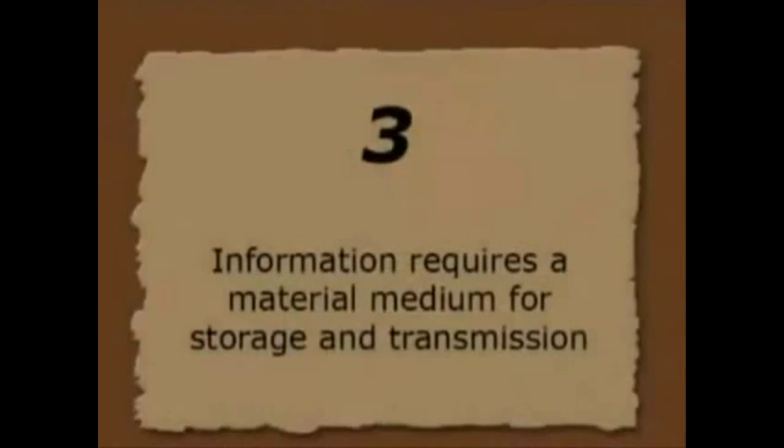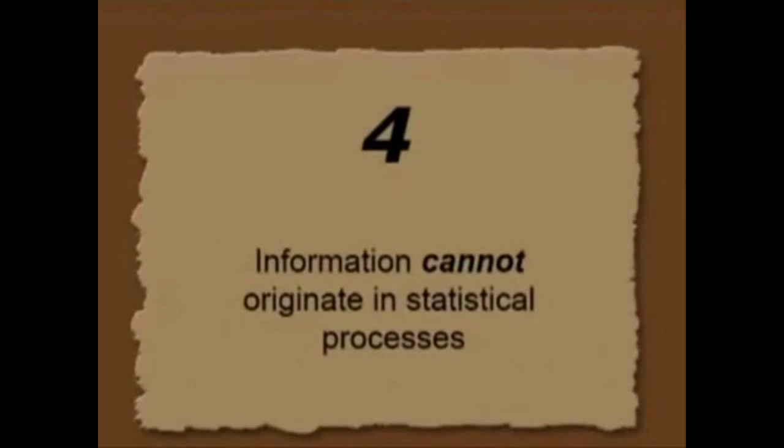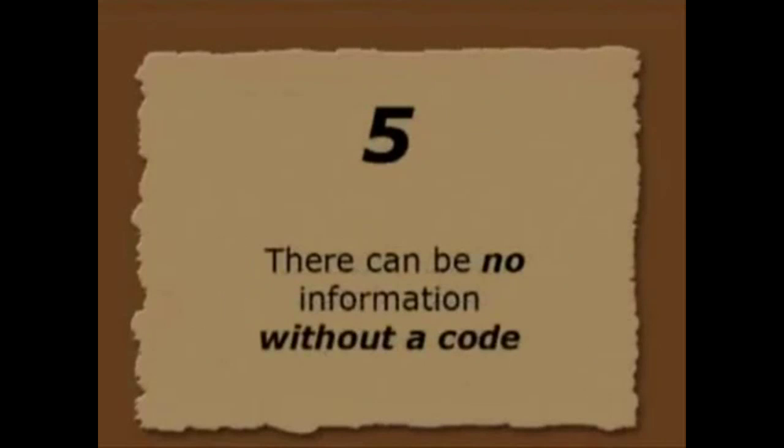The third one is, information requires a material medium for storage and transmission. The fourth one, information cannot originate in statistical processes. Number 5, there can be no information without a code. We have seen it in the examples I showed to you. In all cases there was a code system.